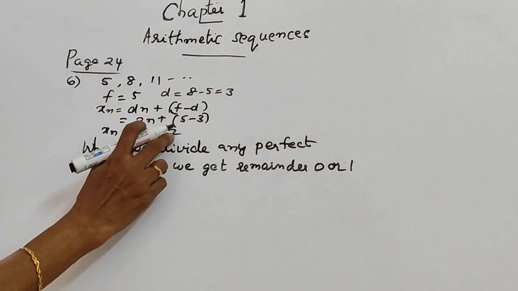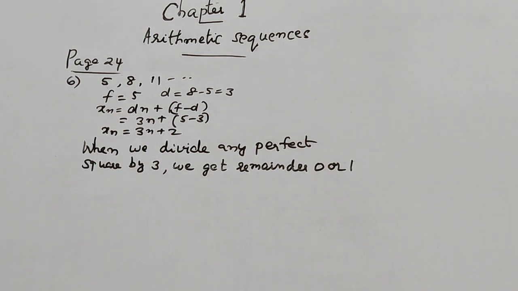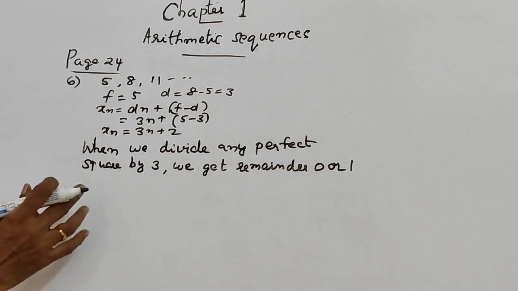In the previous question also we have seen this. Here what we got? 2 as the remainder. Therefore we can say that it does not contain any perfect squares.